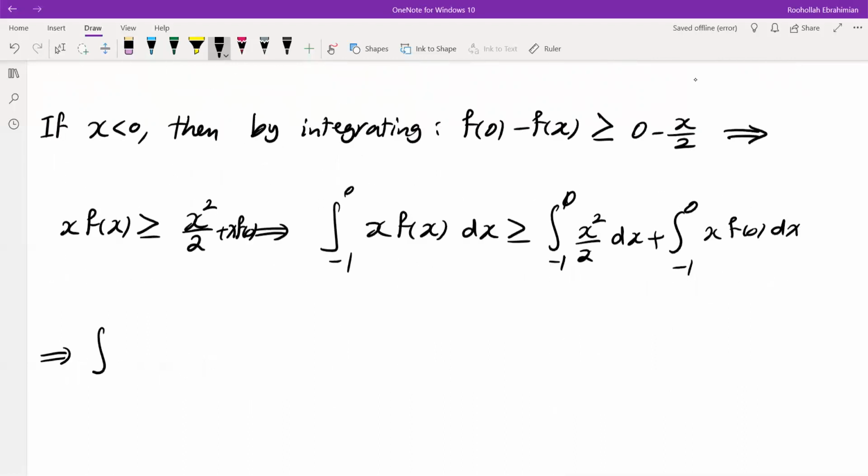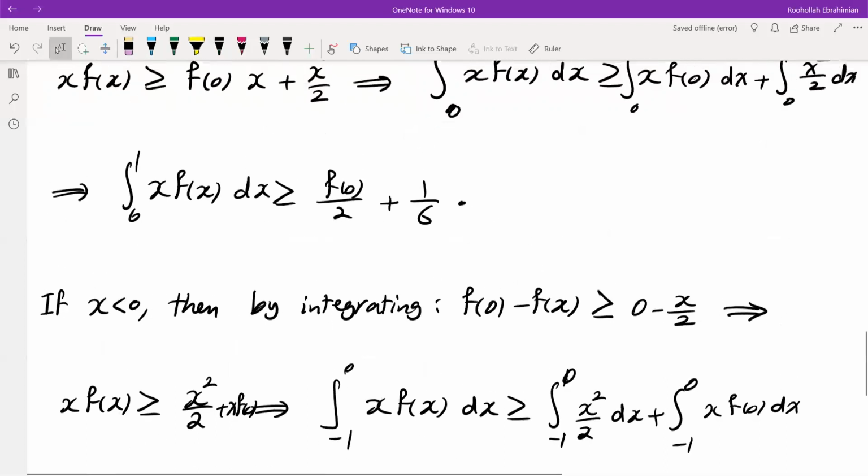So that means the integral from negative 1 to 0 of x f of x dx is greater than or equal to, the first one gives you x cubed over 6, and that gives you 1 over 6. The second one gives you x squared over 2, so that gives you negative 1/2, so that gives you f of 0 over 2.